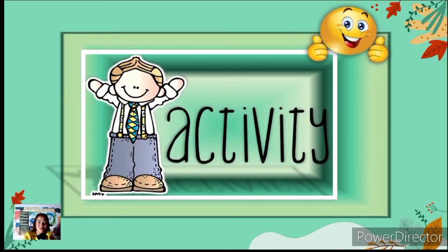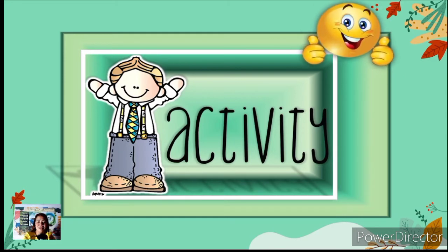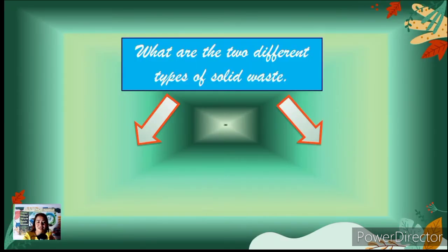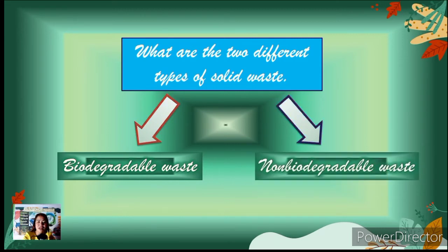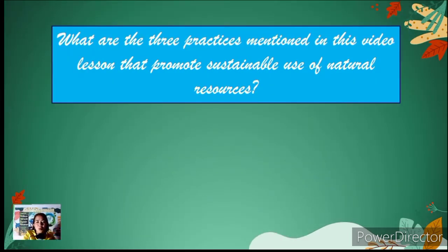Let's have an activity for our lesson today. Are you ready? Okay. What are the two different types of solid waste? Very good. Biodegradable waste and non-biodegradable waste. What are the three practices mentioned in this video lesson that promote sustainable use of natural resources?